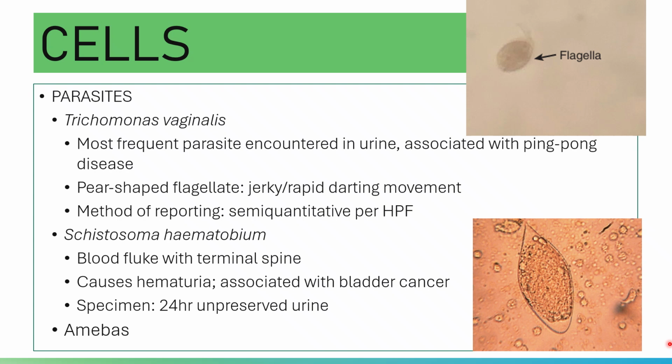And then you have Schistosoma haematobium. This is a typical ova that is shed directly into the urine, accompanied by erythrocytes from the urinary bladder, because Schistosoma haematobium lacerates the bladder, and laceration will cause bleeding, thereby causing blood in the urine.